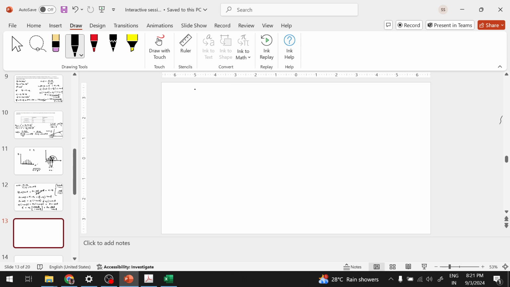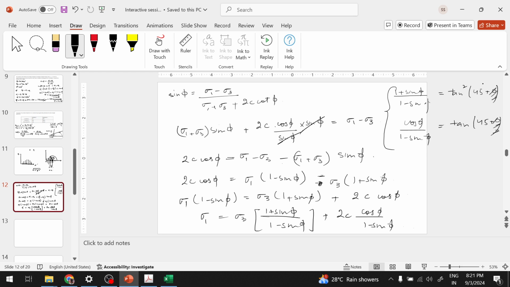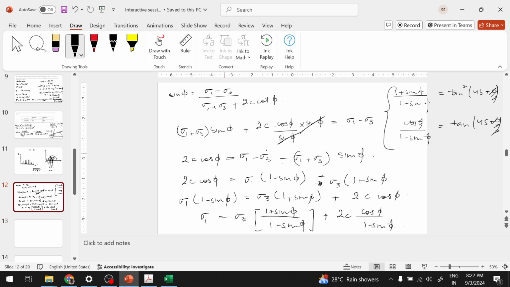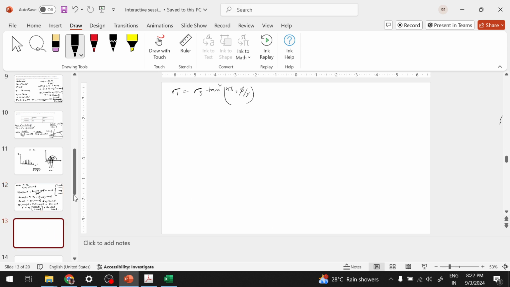So what happens is you will have sigma 1 equivalent to sigma 3 times tan square (45 plus phi by 2) plus 2c tan (45 plus phi by 2).